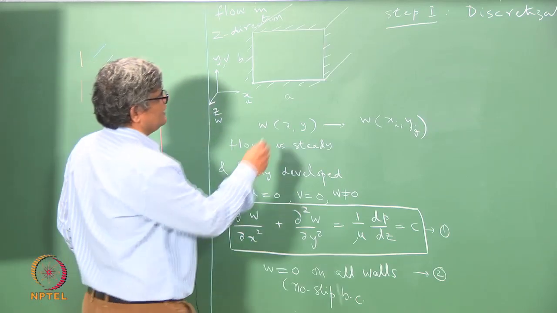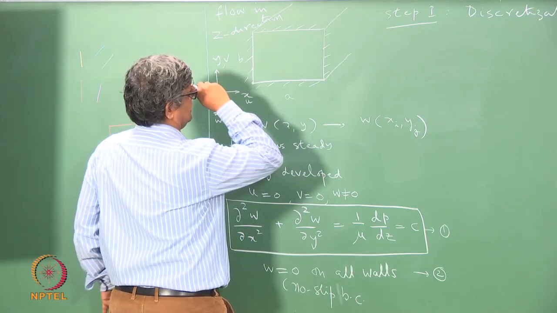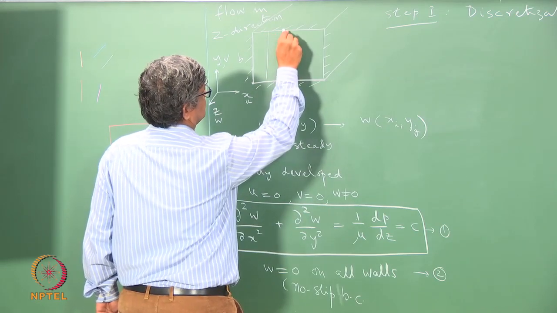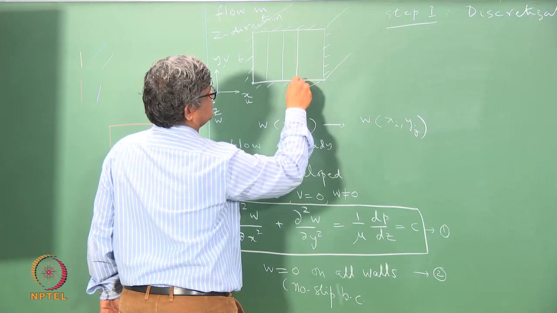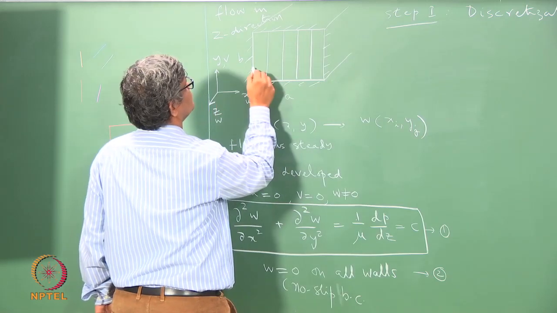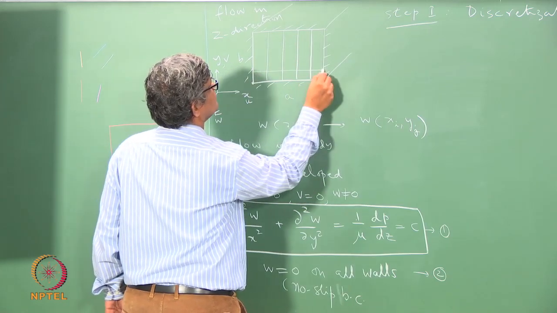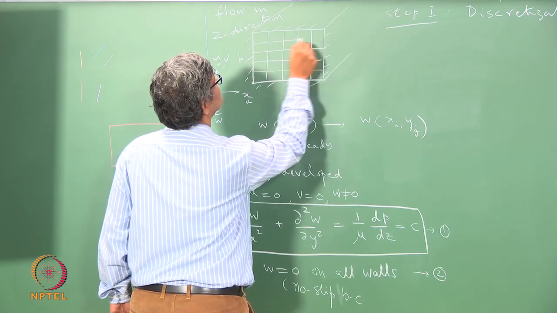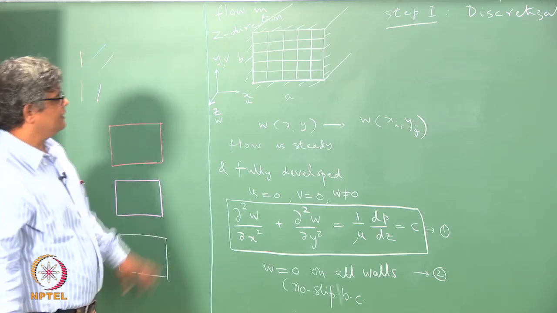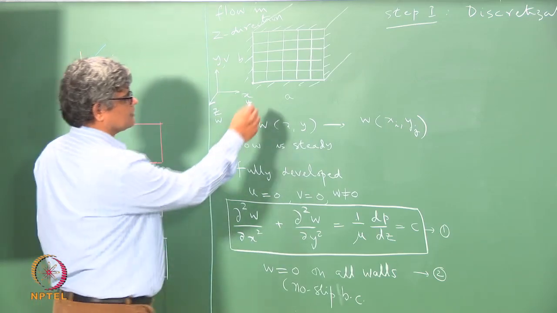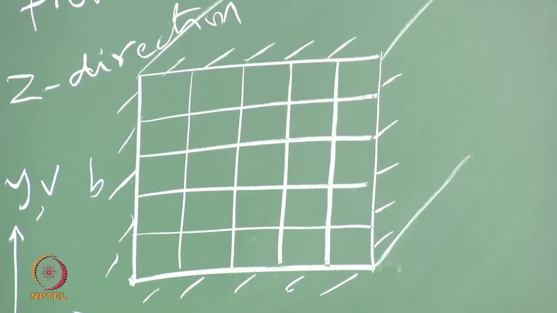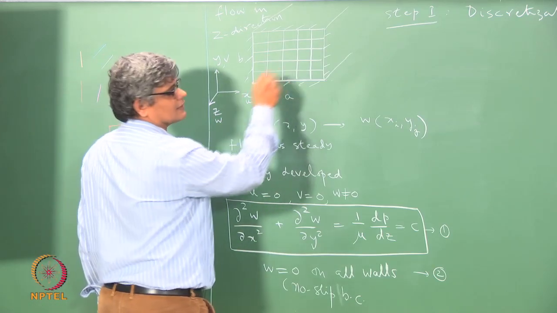We will divide this into say 5 by 5. Okay. We draw horizontal lines and vertical lines like this in this simplest case, and then we put a grid point at the intersection of these horizontal and vertical lines.